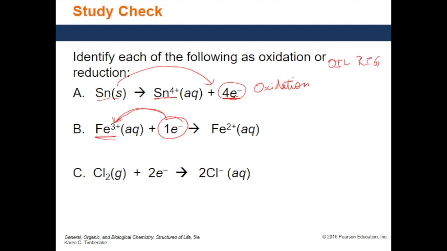Gain of electrons is reduction. Next you see Cl2 is gaining 2 electrons to change to Cl minus, which means this is also an example of reduction.